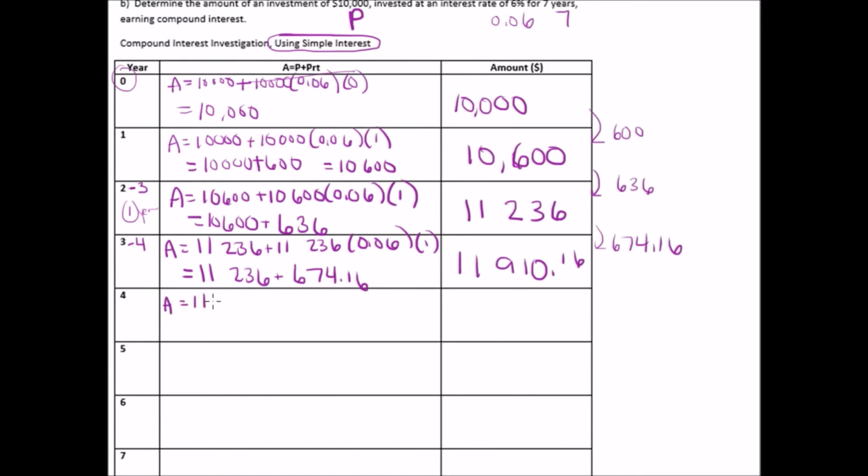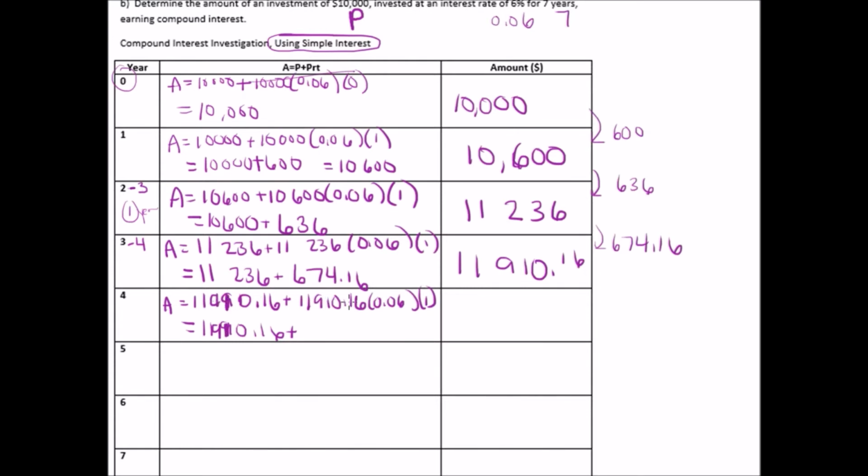Okay, and we're making interest on 11,910.16. And we're only making interest on that amount for 1 year as well, because then we're going to get paid out. Okay, so 11,910, sorry, I wrote those backwards.